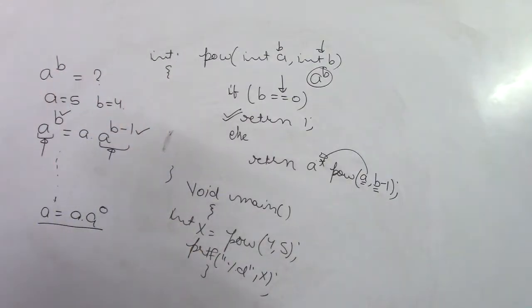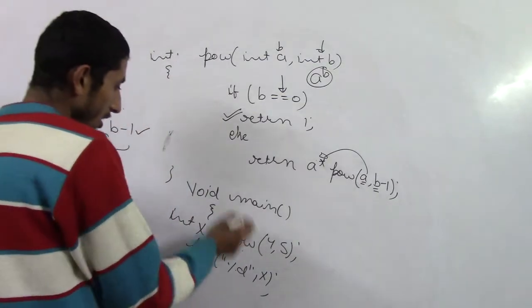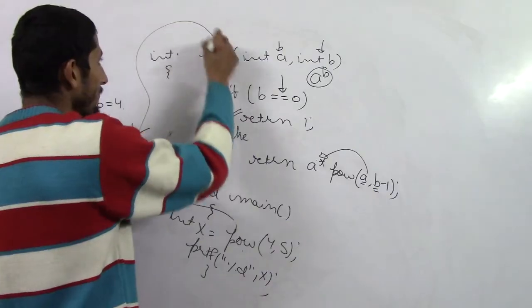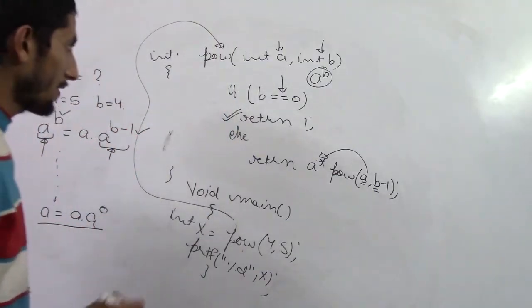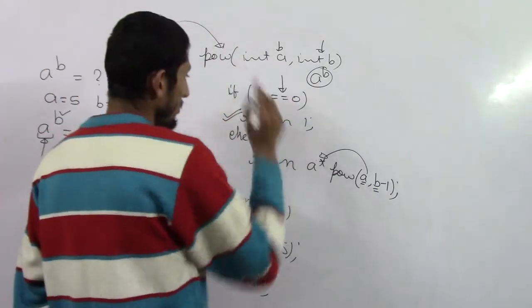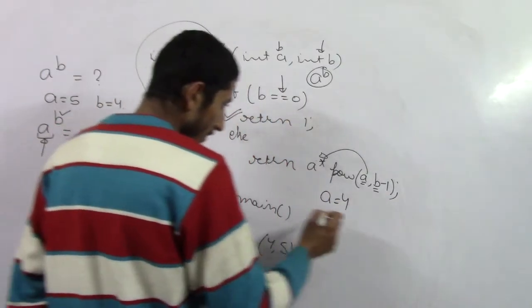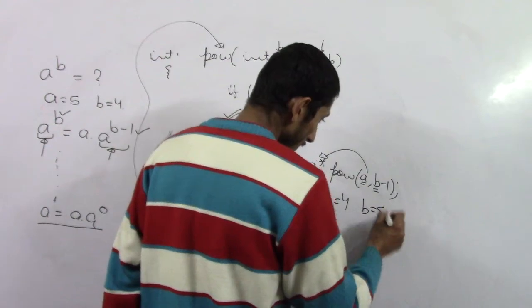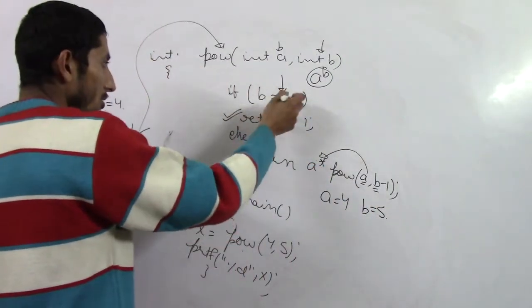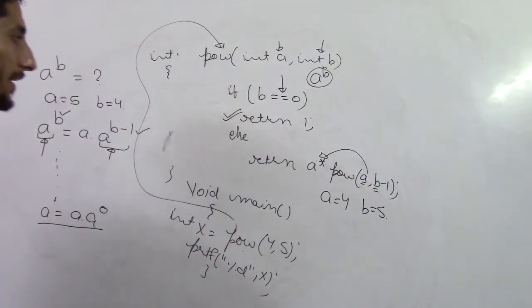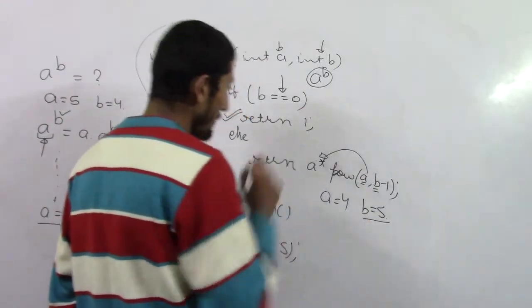The moment you call power, the control will transfer here. The value of A becomes 4 and the value of B becomes 5. Is the value of B equal to 0? No, it is not 0, it is 5.